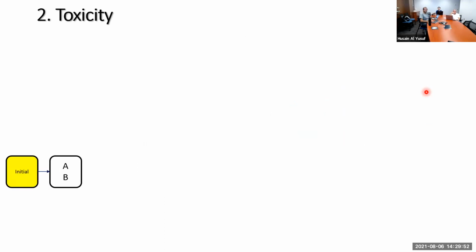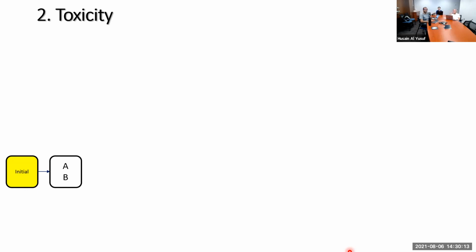Another thing, Ahmed, is in the paper: we want to identify the toxicity of courses. What is the toxicity of courses?